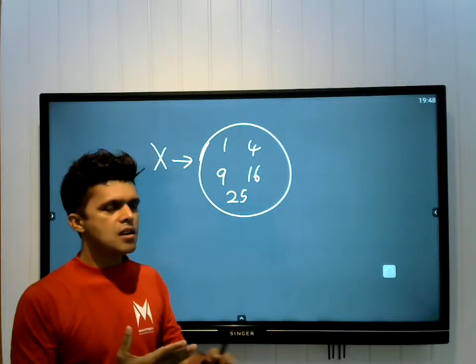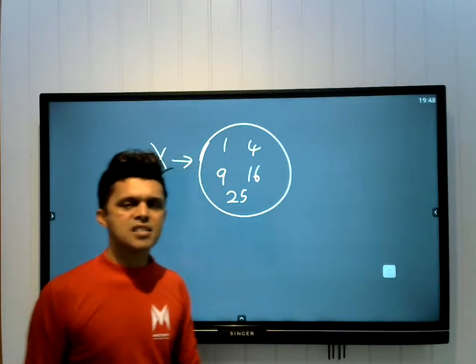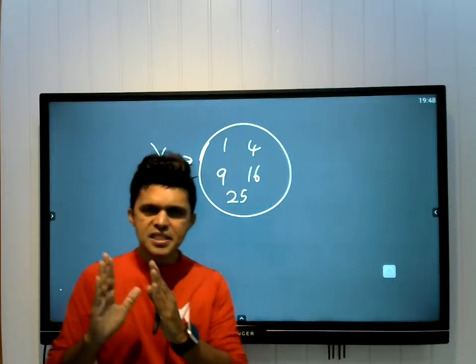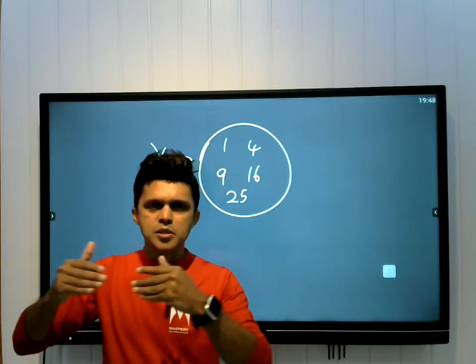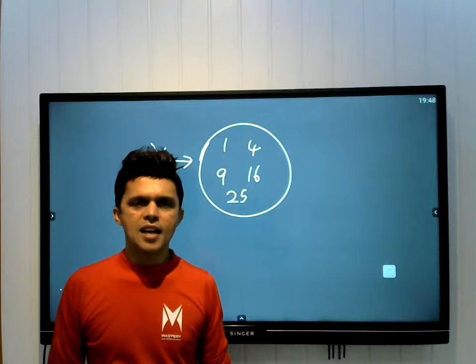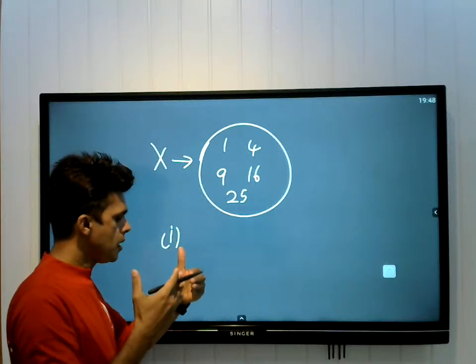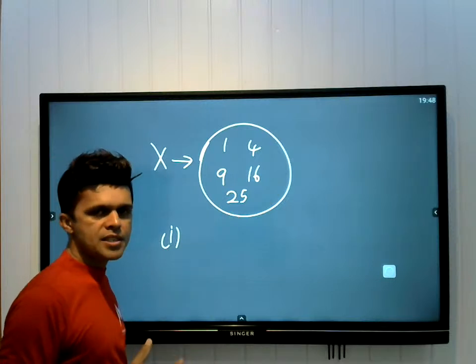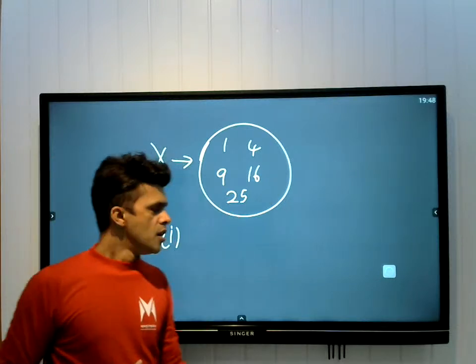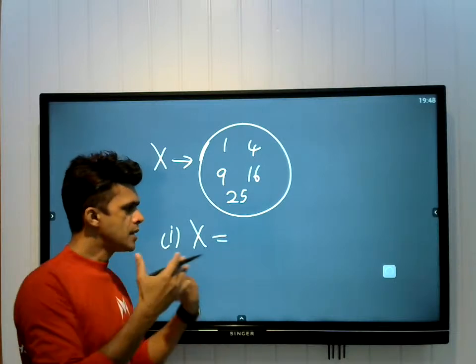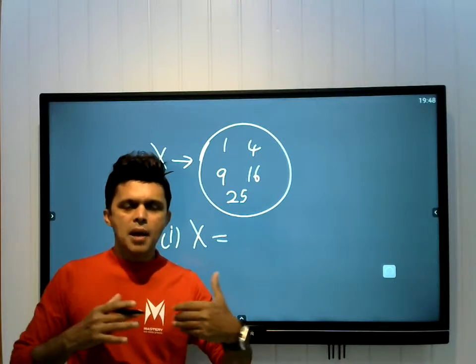So, what is the way of writing set X here? This is a Venn diagram. In the test paper, it is given as a Venn diagram, and you have to write the set X in a descriptive way, which means by description.